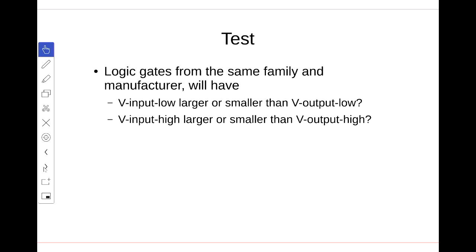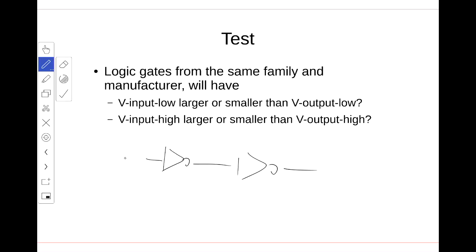Okay, so if you've understood that concept, you should be able to answer these questions. Question number 1. For 2 logic gates of the same family, let's just take 2 inverters.